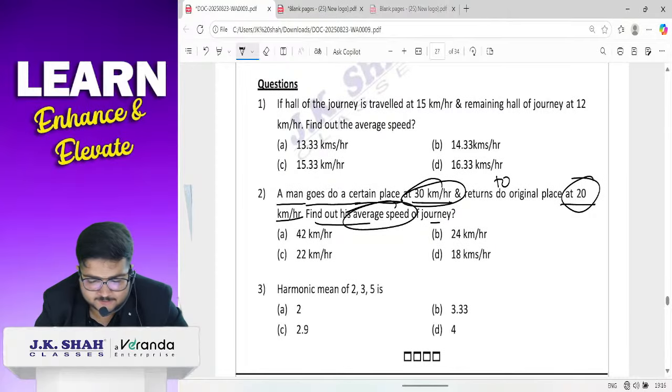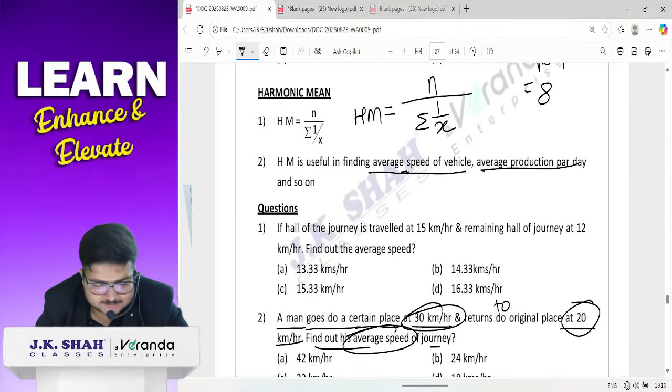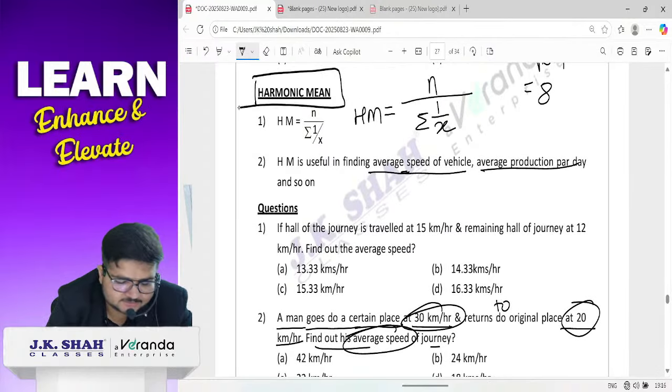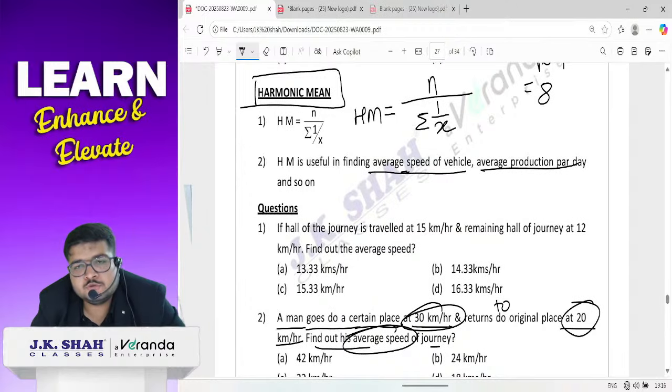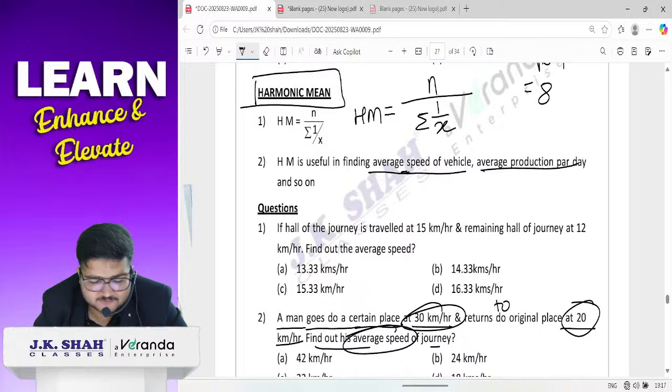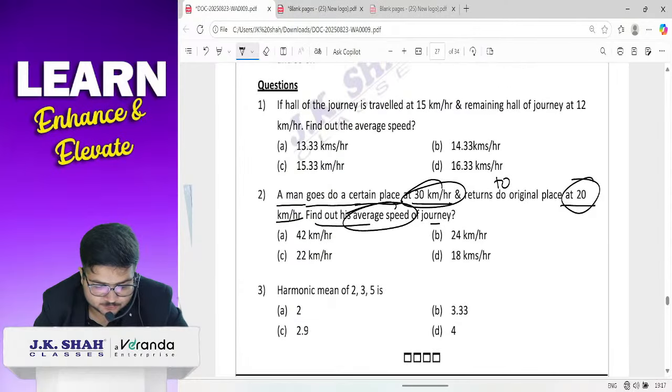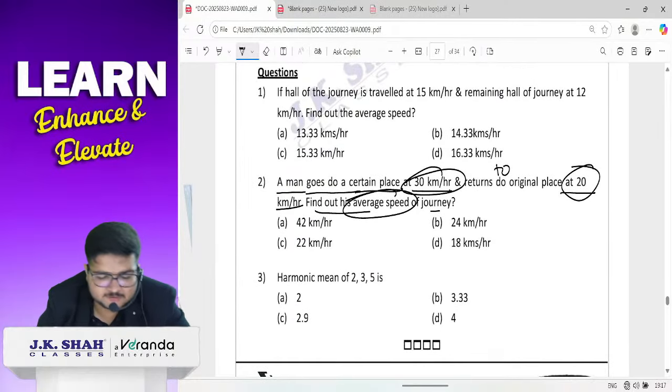Obviously, I have told you in the offline class that this harmonic mean is very difficult to solve in your mind, so this can appear very rarely in your exam. But you have to study. That doesn't mean that you have to skip or omit. You can do this sum in your book because this is very difficult to do in the mind. So now I will do the second question. First and third will be your homework.